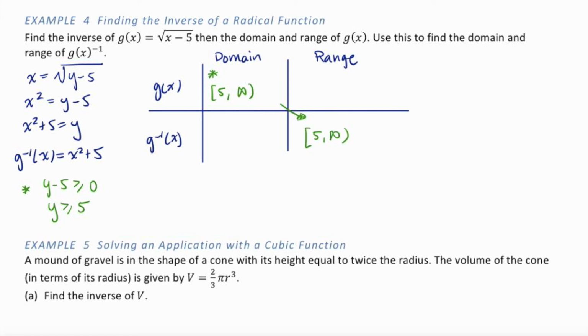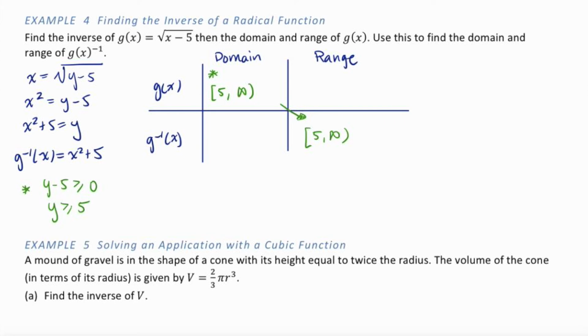Now, what about the range of g inverse? Well, what is the smallest possible input we can have in our original function of g of x? What is the smallest possible input? Is 5 the smallest, or is some number larger than 5 the smallest?